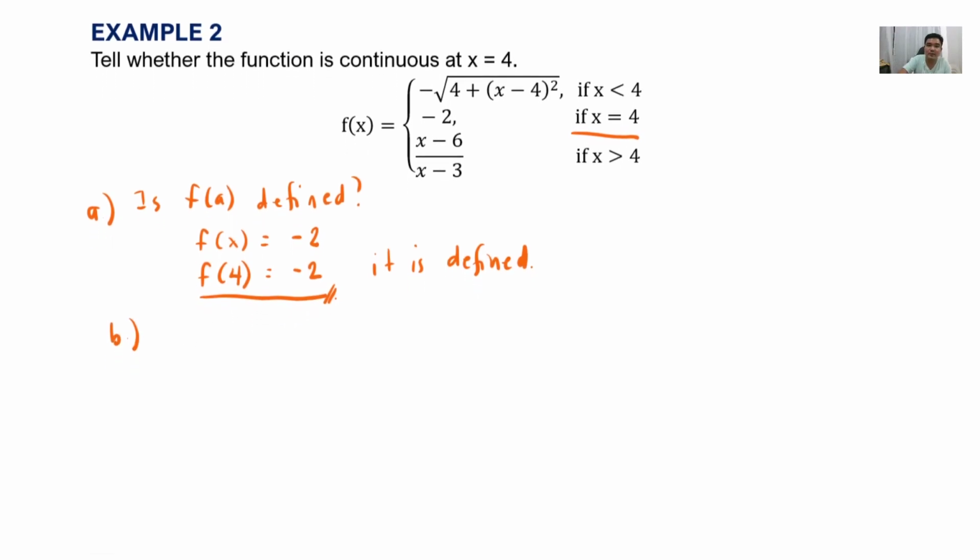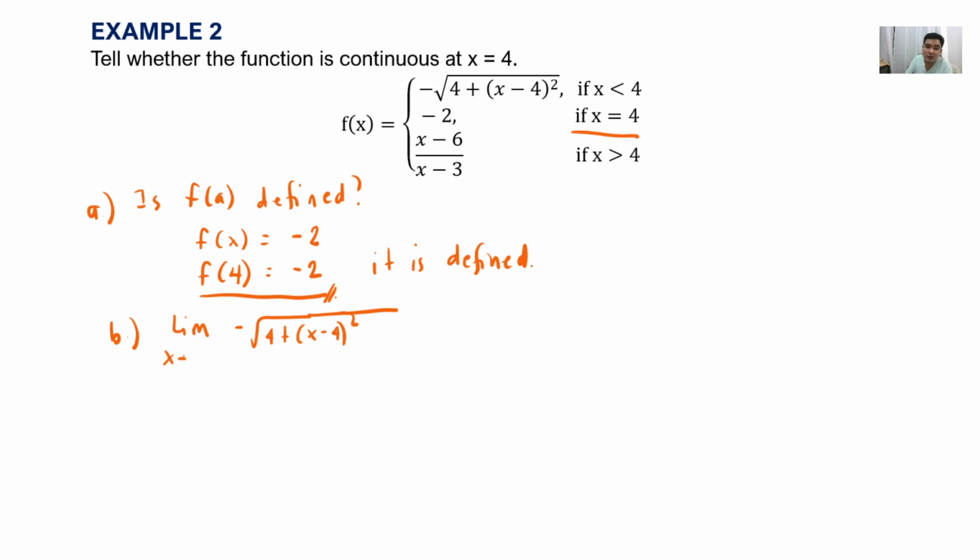Okay. Letter B. Meron tayong dalawa dyan na ipoprove. So, limit ni negative the square root of 4 plus the quantity x minus 4 squared as x approaches 4 should be equal to the limit of x minus 6 all over x minus 3 as x approaches 4.